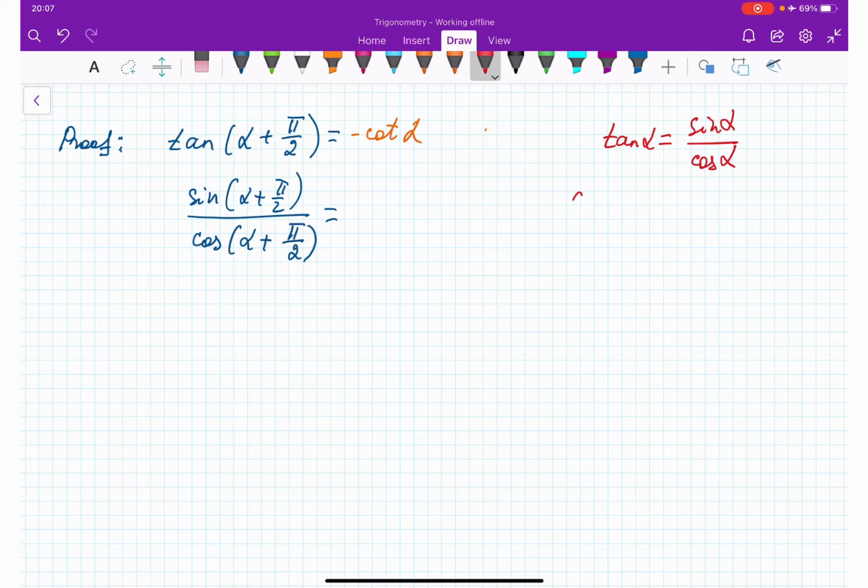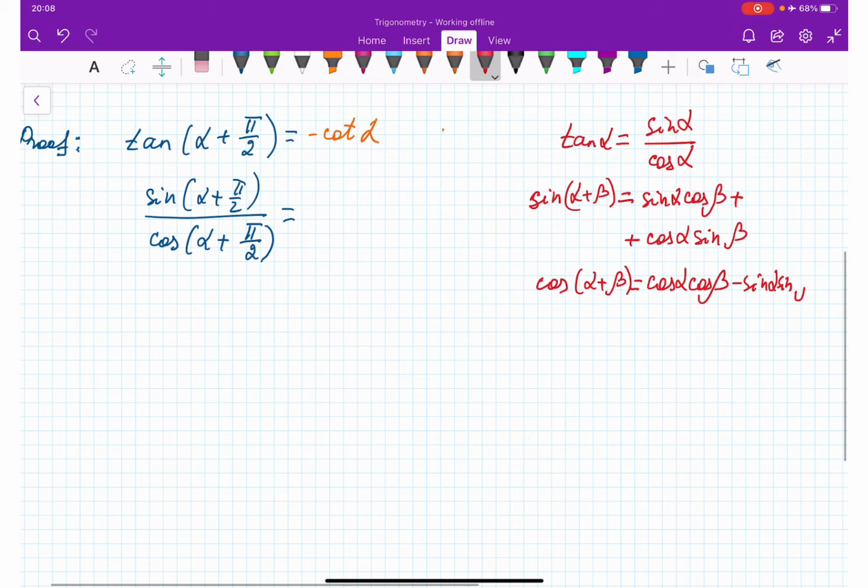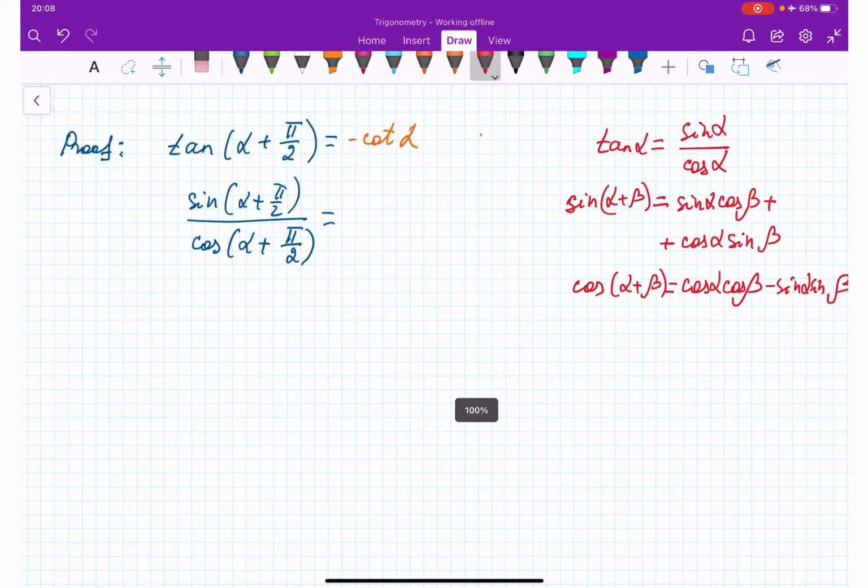So sine alpha plus beta is equal to sine alpha cosine beta plus cosine alpha sine beta, and the opposite, cosine alpha plus beta is equal to cosine alpha cosine beta minus sine alpha sine beta. Okay, let's apply.